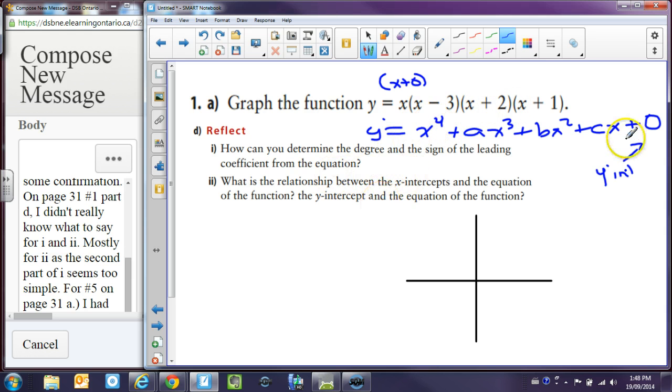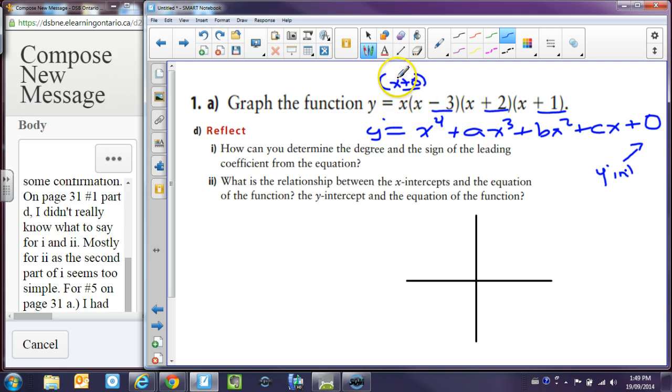Now here's where the second part comes in. What's the relationship between the x-intercepts and the equation? Well, the x-intercepts are these numbers, or sorry, they're the opposites of these numbers. They're the values that when put in here will make each of those brackets go to 0.